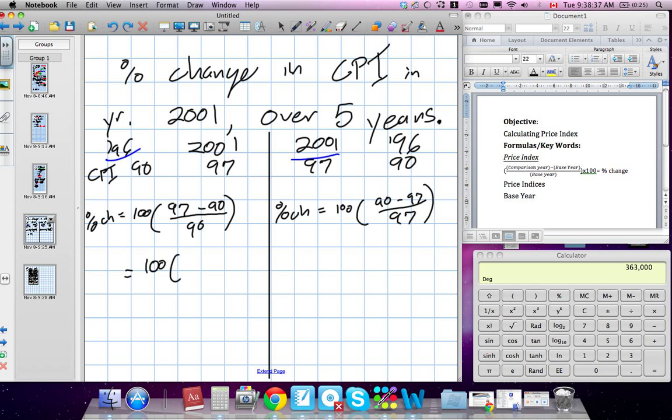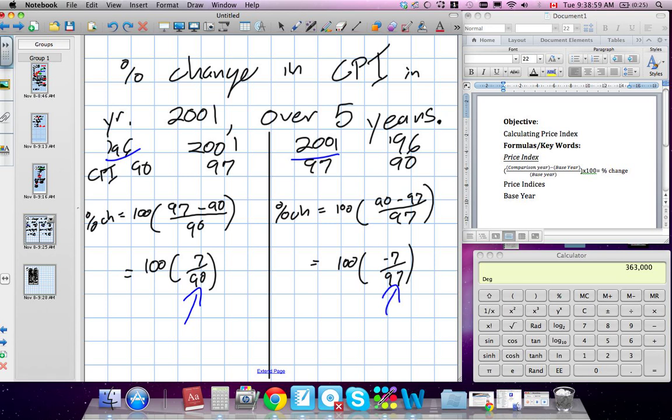So, if I were to use 97 subtract 90, we get 7 divided by 90. Our other example, we get 100 multiplied by negative 7 divided by 97. If you notice, because I used a different base year, we're going to end up with different percentage changes because of our base year.